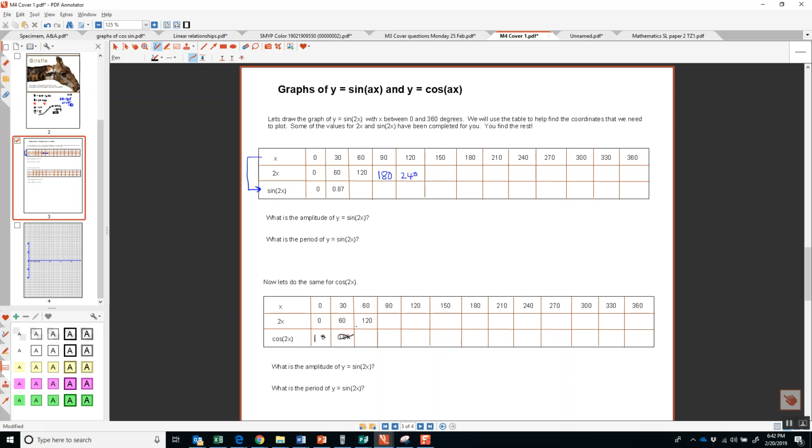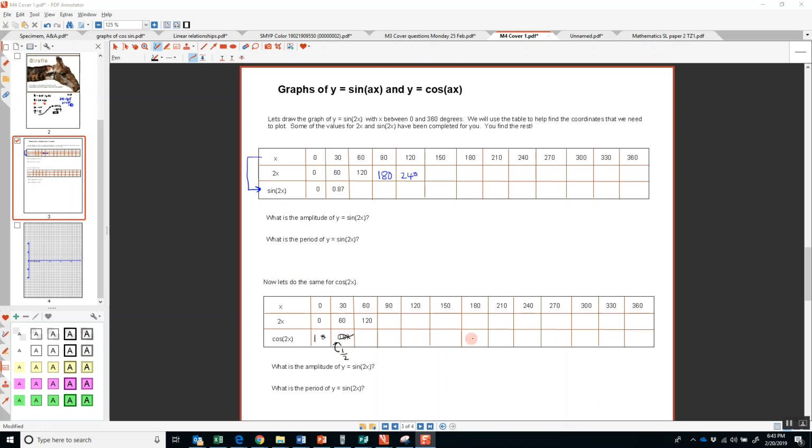Cos of 60 degrees is 1/2. So this value in here should be 1/2.